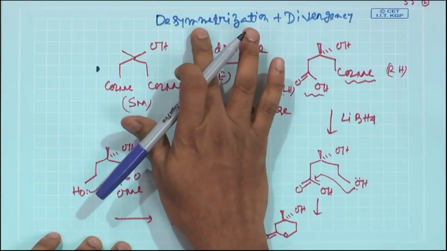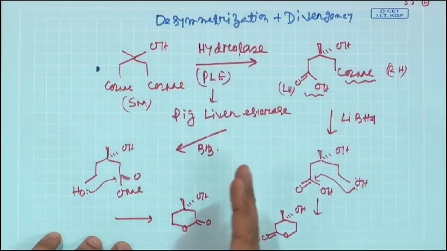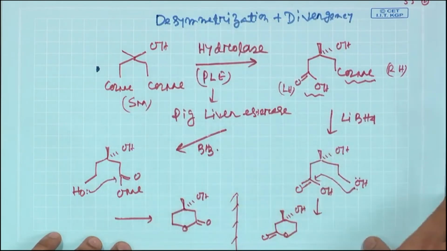Now, this desymmetrization is basically a mirror plane differentiating reaction, fine. So, we will keep on talking about this divergency and how two enantiomers of the same product can usually be synthesized from a single starting material.